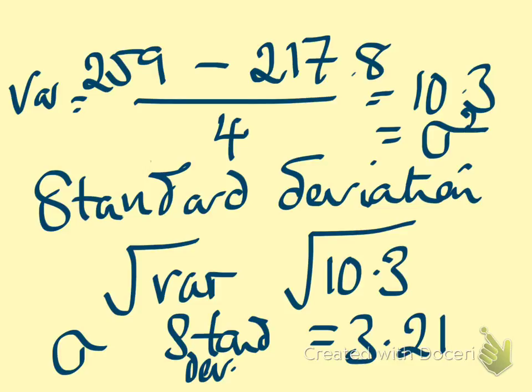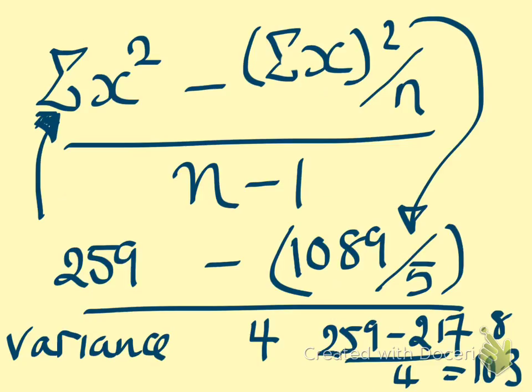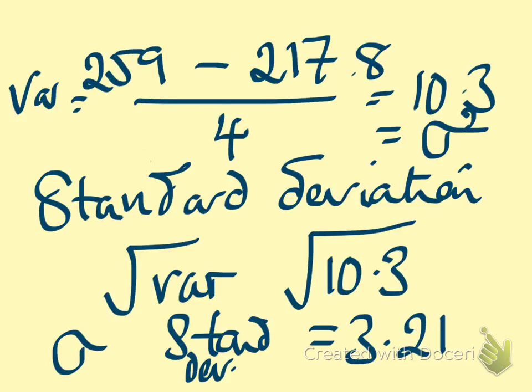So hopefully what you can see from this, if we go back and have a look at our original problem, we're looking at adult shoe sizes. We can see that our sample's shoe sizes range from 3 to 11, so quite a spread. As a consequence, our mean might be 6.6, but our variance is 10.3, and our standard deviation is 3.21.